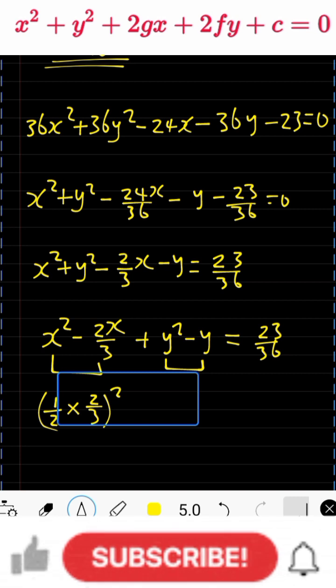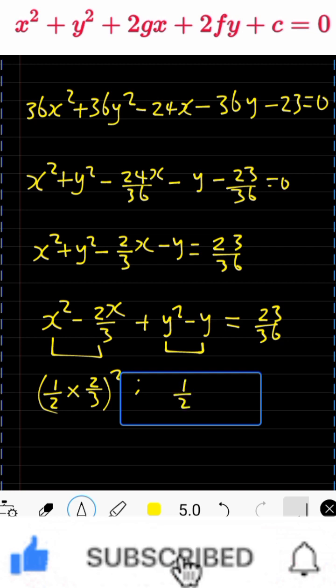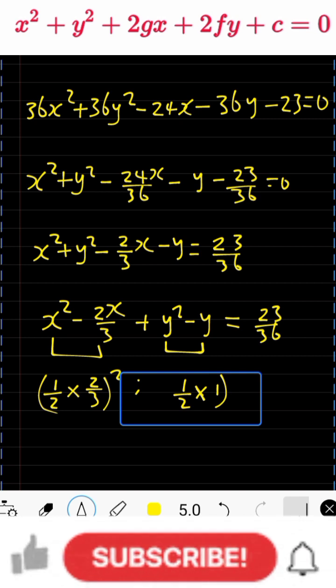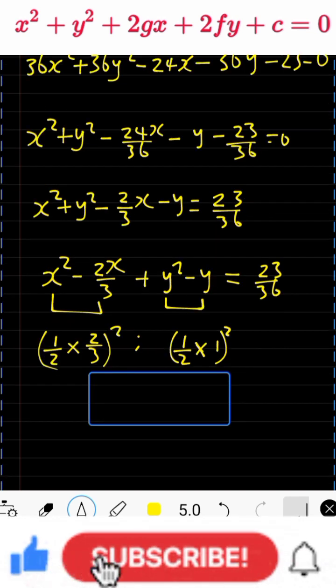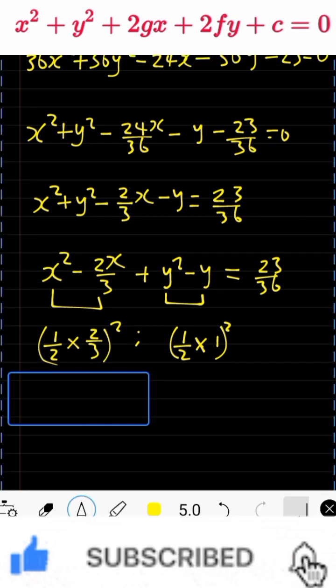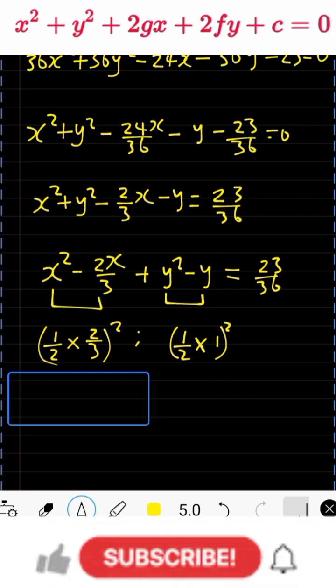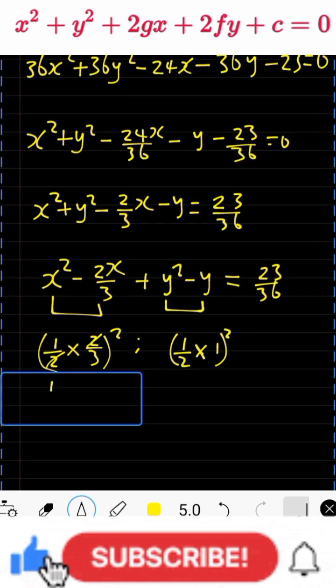So this is what we are going to add to the expression in terms of x, and then we will add this to the expression in terms of y, 1 over 2 times 1 squared. And we make sure that we add these two terms to both sides of this equation. So we have 2, we cancel 2 here, so we are left with 1 over 3 squared.